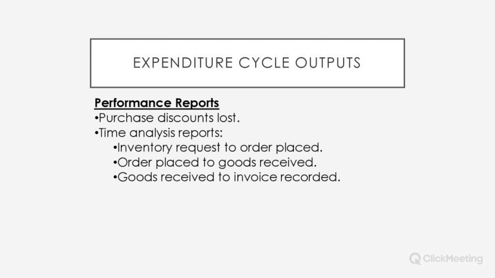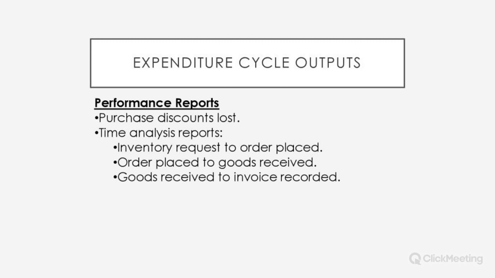That means a 2% discount if the payment is received in 10 days, otherwise no discount, with full payment due in 30 days. And that's how it is mentioned on the invoice. Hence, if the business is able to take up those 2% discounts, that will be reflected in the performance reports of the business.